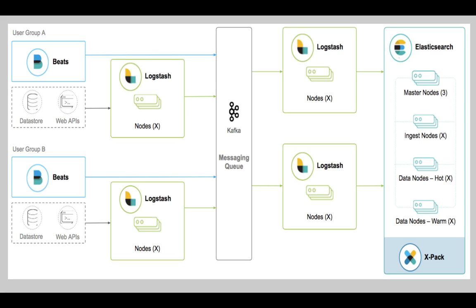In this diagram, you can see a basic architecture of the ELK stack, in which we have user group A and user group B, which have a data store and web APIs.